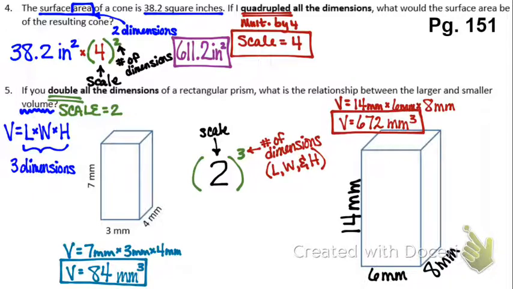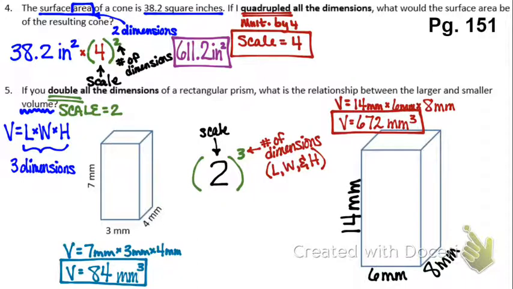So the relationship between my volumes is going to be my scale raised to what power? To the 3rd power. Every time when I'm talking about volume, because volume always has how many dimensions? 3 dimensions. Area always has 2. Volume always has 3.